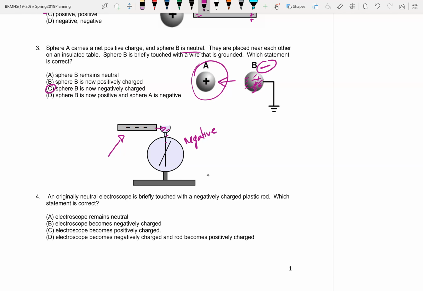This isn't like rubbing two things together where an equal number of charges leaves one object and goes to the other so that one becomes negative and one positive. This one we already have excess electrons on the plastic rod, which are going to jump to the electroscope, and the electroscope is going to become negatively charged. The rod itself can have a little negative charge left on it, or it could become neutral, but it's not going to become positively charged.